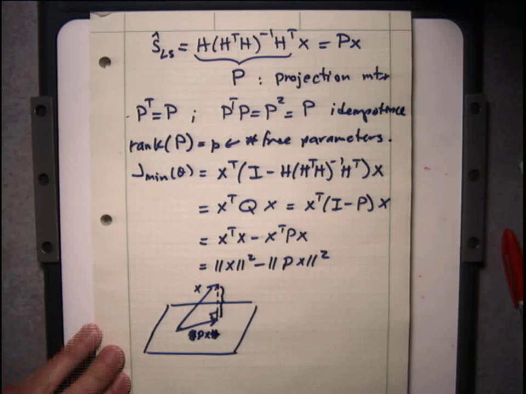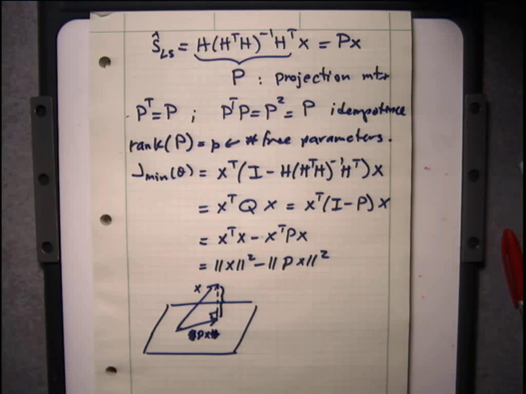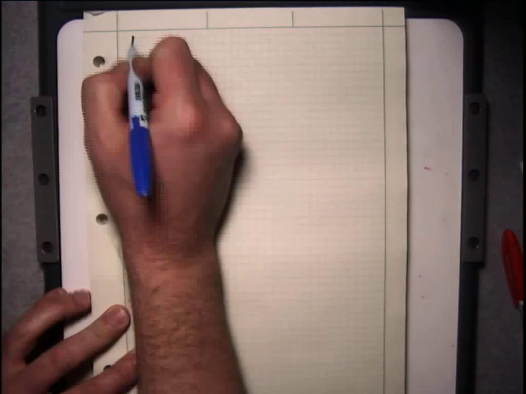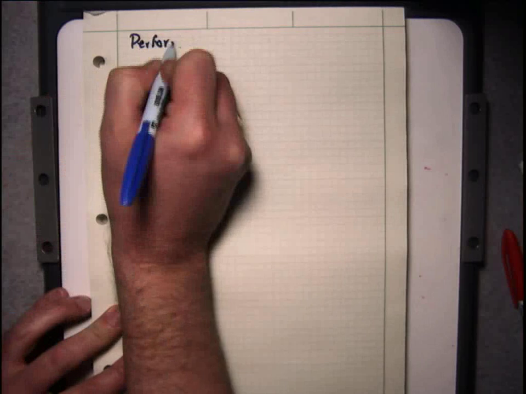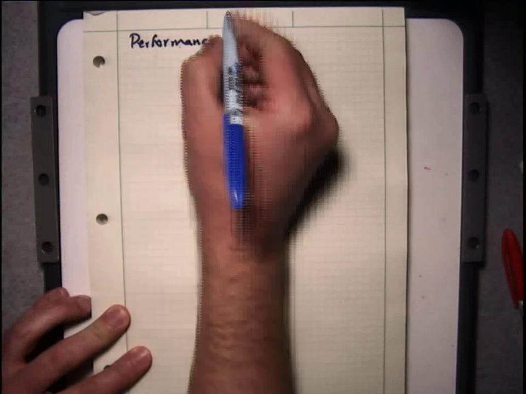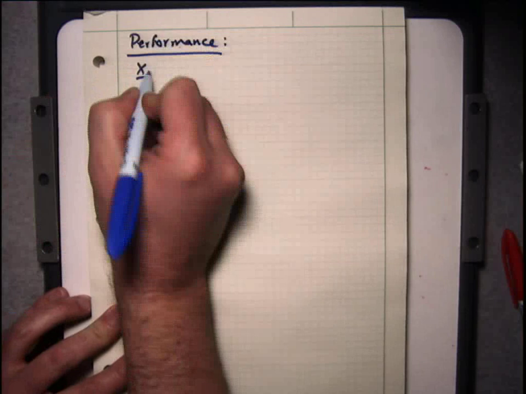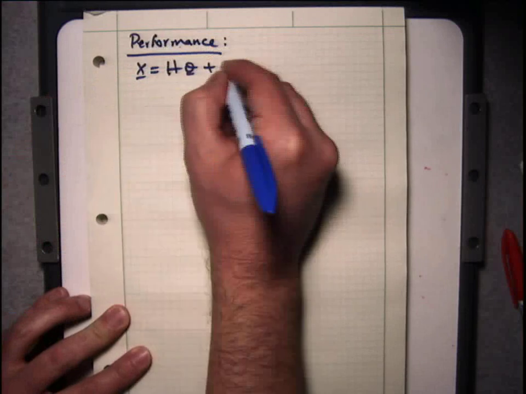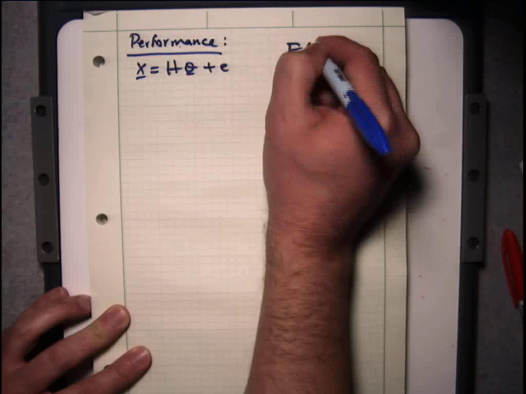Now let's take a look at what the performance of the least squares estimator is. Let's say we have a model like this, X equals H theta plus error, and I'm going to make the following assumptions.